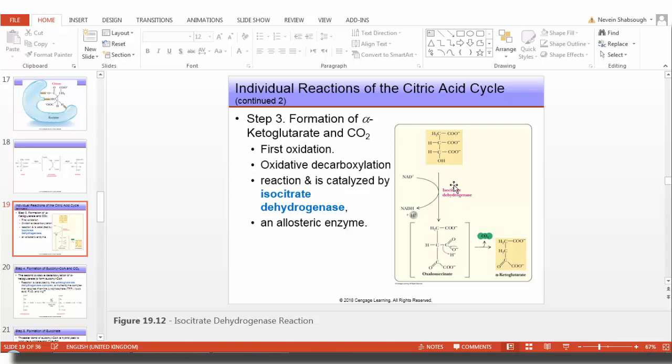First, isocitrate is oxidized to oxalosuccinate, which remains bound to the enzyme, and then oxalosuccinate is decarboxylated and the carbon dioxide and alpha-ketoglutarate are released. This is the first reaction which produces a reducing equivalent in the form of NADH, which later will produce ATP, as we will see. The enzyme is an allosteric enzyme.